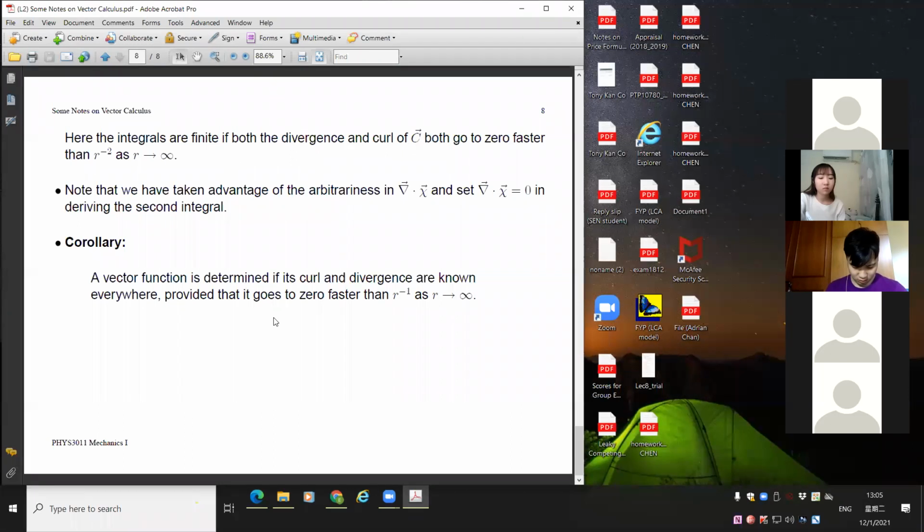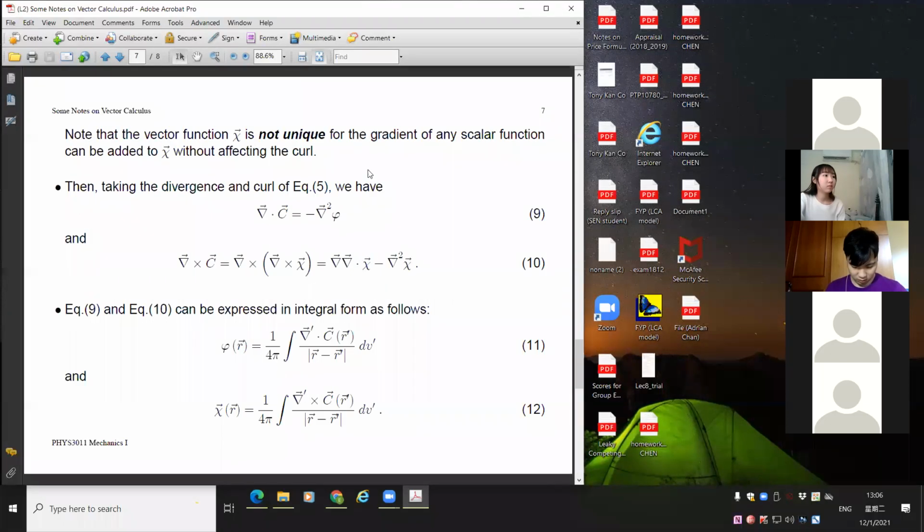Note that we have taken advantage of arbitrariness in del dot chi vector and set del dot chi equal to 0 in deriving the second integral. Since this chi vector is not unique, we can always pick a suitable chi in such a way that del dot chi is equal to 0.